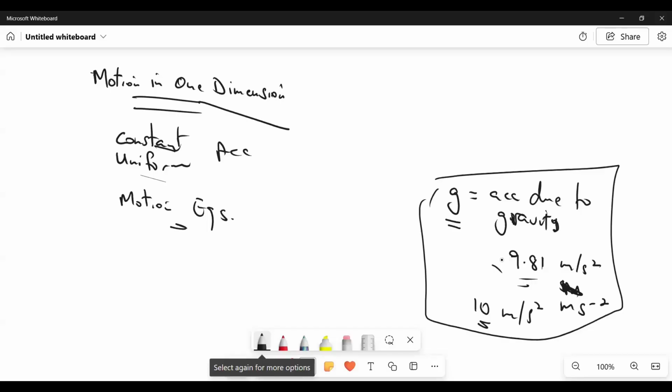So g, which is acceleration due to gravity, is 9.81. As I said, it varies on different parts of the earth.